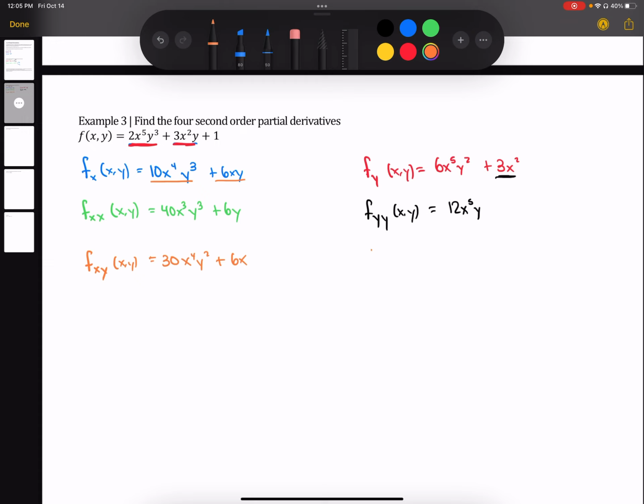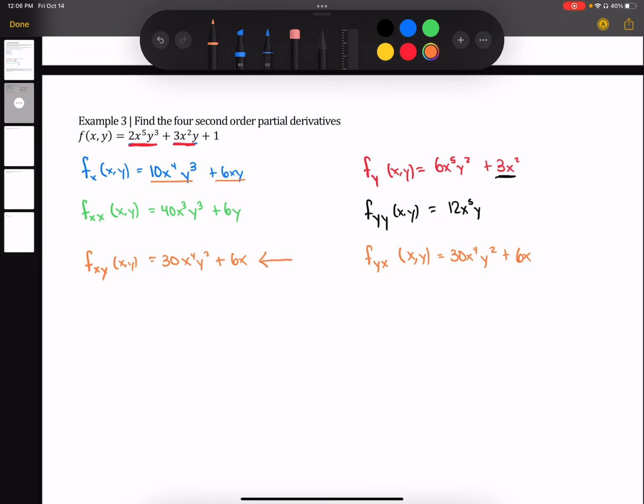Over here, when we find the derivative with respect to x of fy, so fyx is going to equal 5 times 6 is 30, so we're going to get 30x to the fourth y squared, and then the derivative of 3x squared with respect to x is 6x.